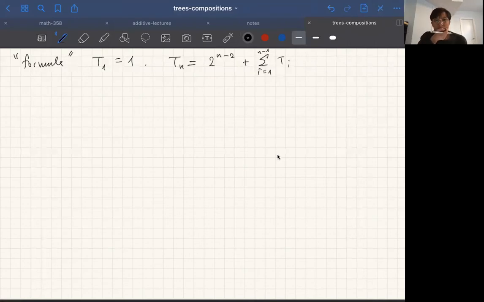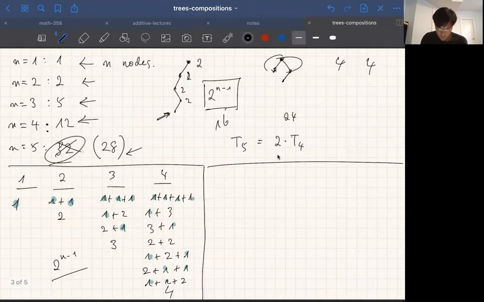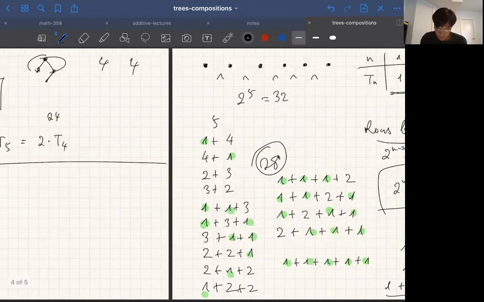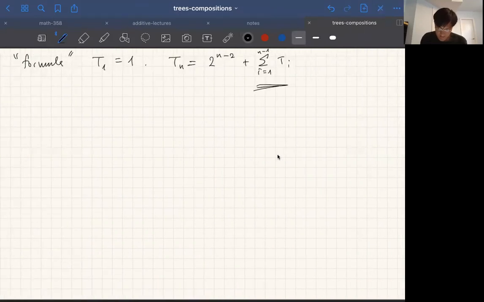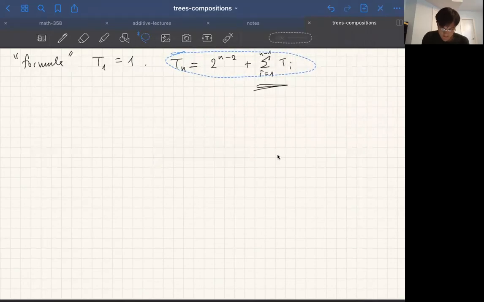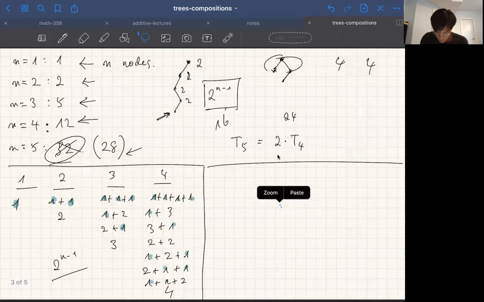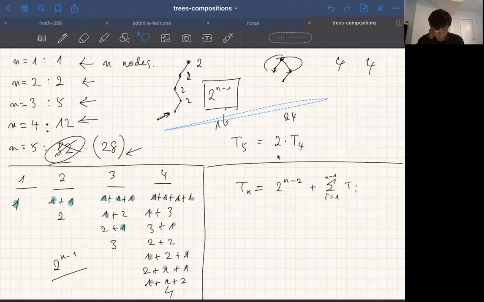Let's try to... okay, what are we doing? If we take this and put it by the trees so that we can burn it into our retinas here, this is supposed to count these. Why is that? 2 to the n minus 2.